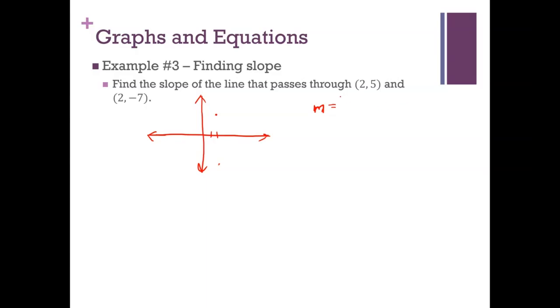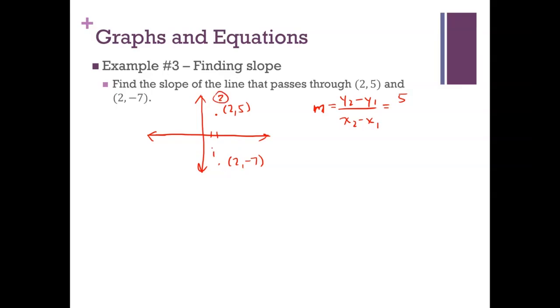Yep. So y2 minus y1 over x2 minus x1. Here are my 2 points: (2, 5) and (2, -7). So what's my y1? What's my y2? 5. Yeah.